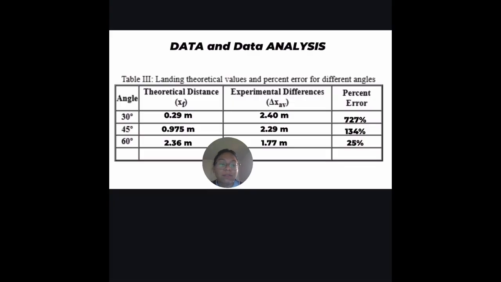Ideally it would have been 5 launches for each angle, but we only did 1 launch for each angle because we only had a certain amount of time for the lab. So using the single launches rather than the averages, we got 2.4 meters, 2.29 meters, and 1.77 meters. Using that information in our delta x experimental differences divided by our theoretical distance times 100, we got our percent error.